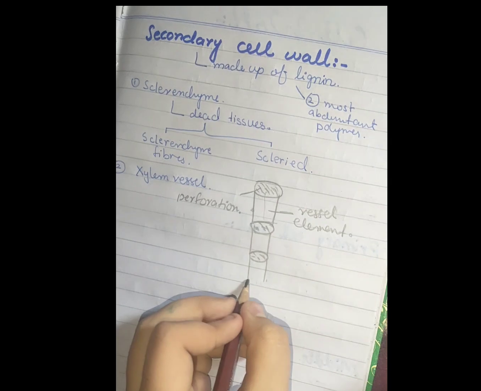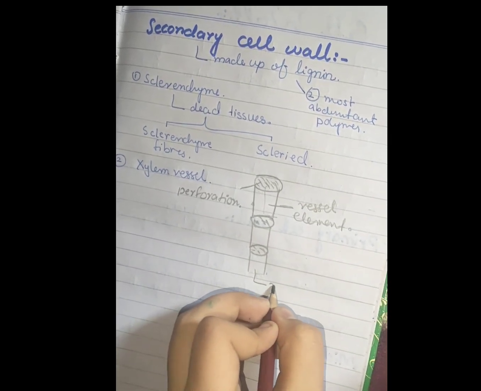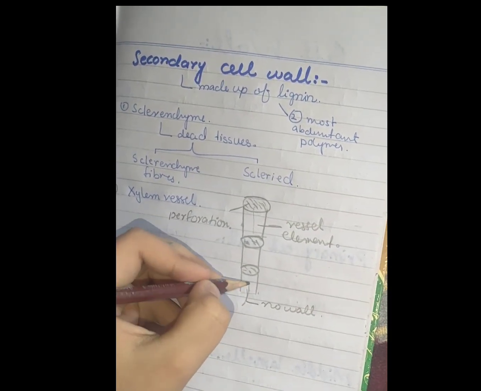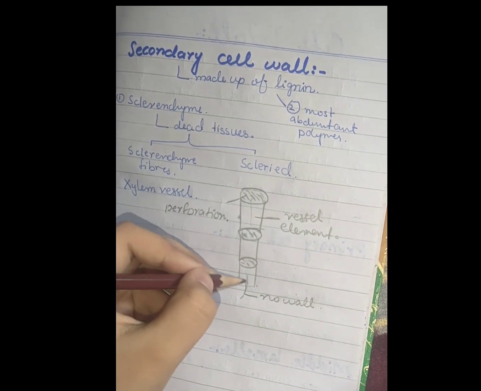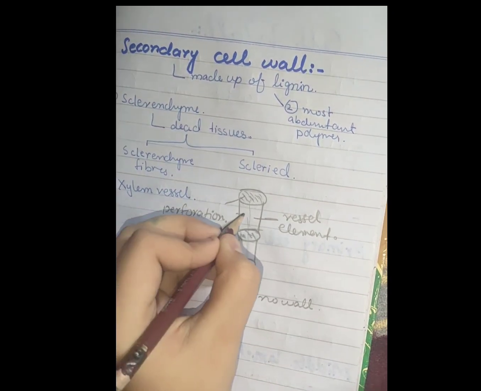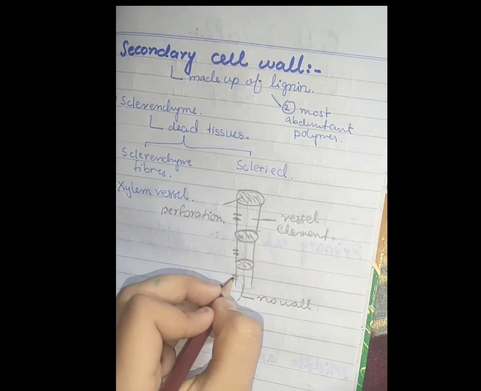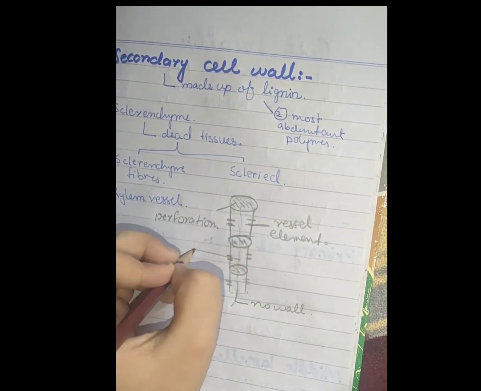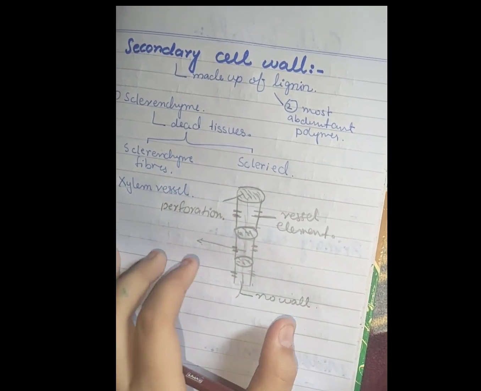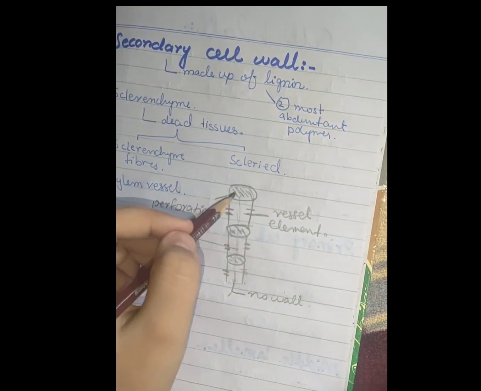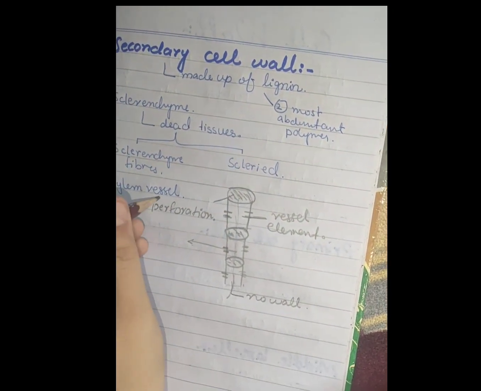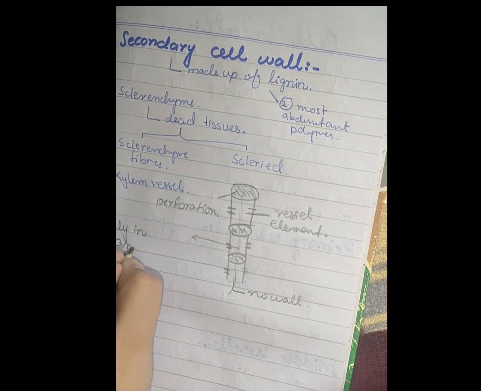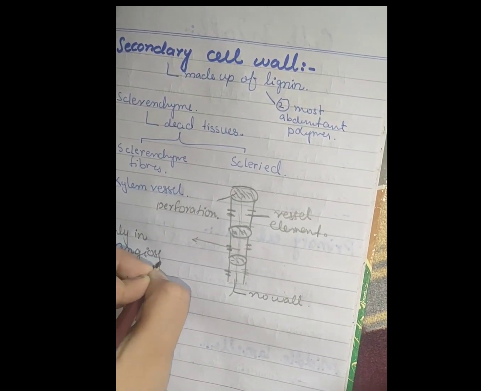Here we don't have any wall, because the water will move inside, and with the help of these perforations the water will move outside. These are a little bit open so that the water can flow to the next plate. These perforations help there. These xylem vessels are found only in angiosperm plants.